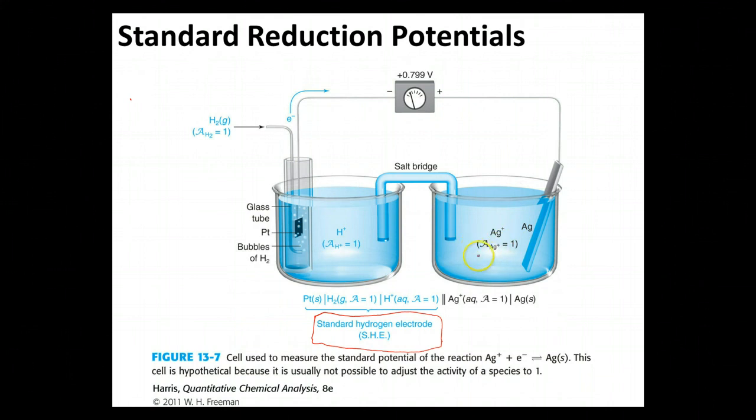Standard conditions would be where we have an activity of 1, and we're at 25 degrees Celsius. Under those standard conditions, we get this potential for the reaction that we have over here, this half-cell reaction.